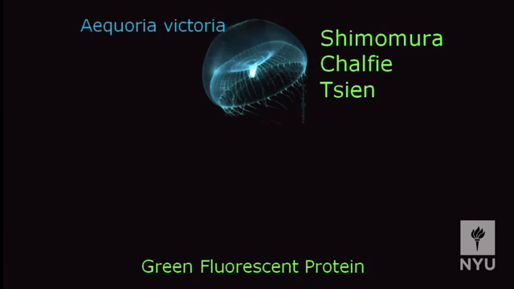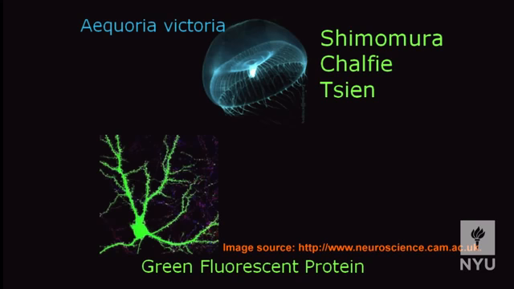So Shimomura was the biochemist that first discovered green fluorescent protein, and Chalfie was the one that first put green fluorescent protein into the DNA of worms. And what he got were these worm neurons that were fluorescing green. Yes? What year was this? This was in the 80s, late 80s.